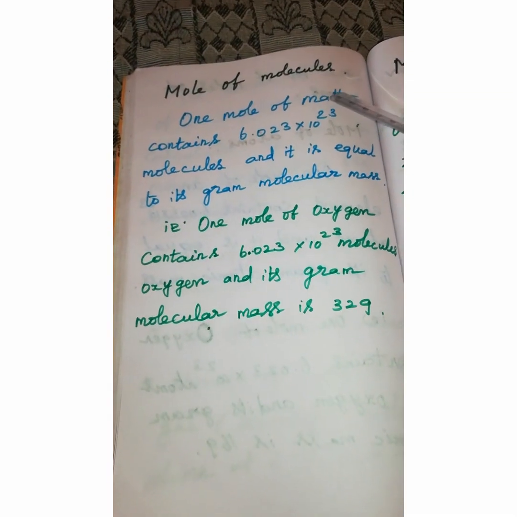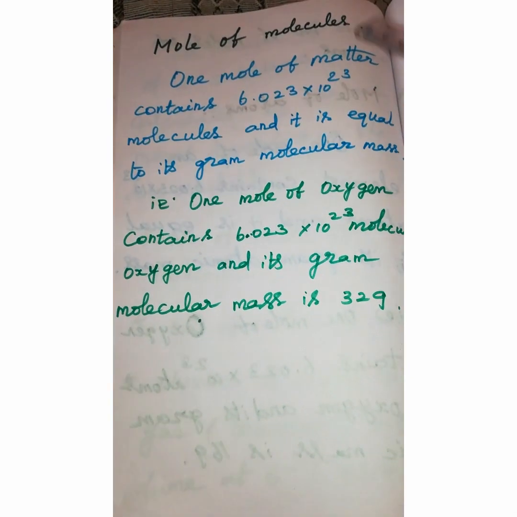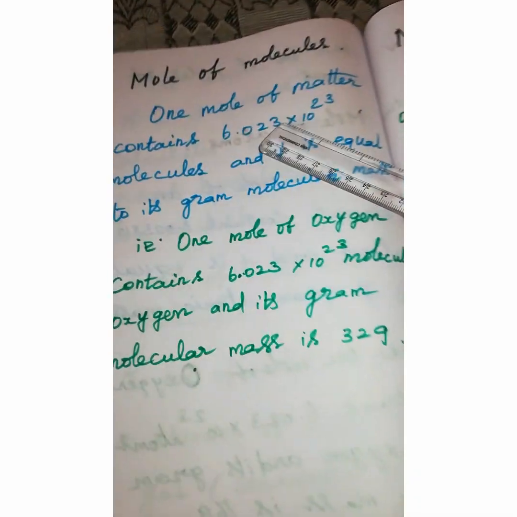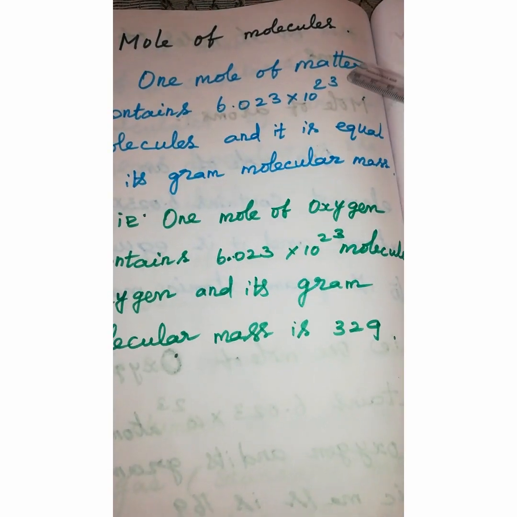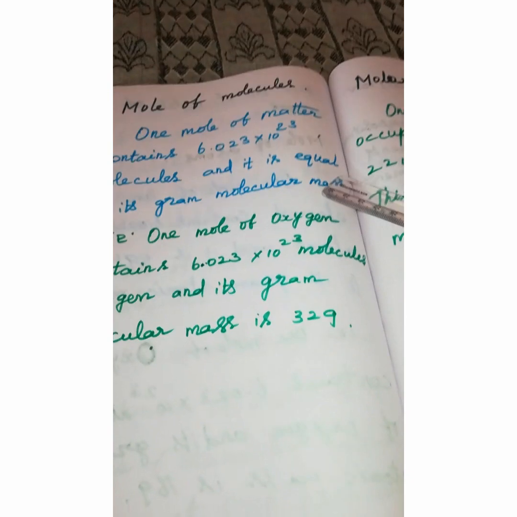Next, mole of molecules. 1 mole of a substance contains 6.023 into 10 power 23 molecules and it is equal to its gram molecular mass.